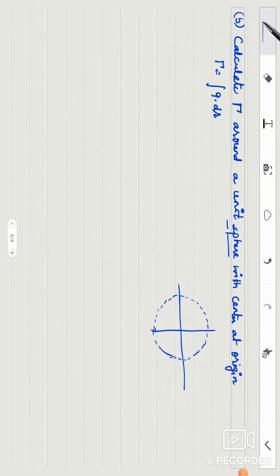I take some arbitrary point P on it, and then this is the horizontal component of velocity, this is the vertical component of velocity, and let this line be inclined at theta. This is the radius vector of the point P. O is the origin. Then naturally this will also be theta, and this will be pi by 2 minus theta.